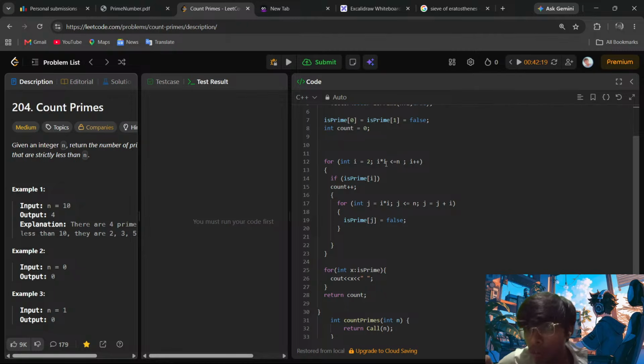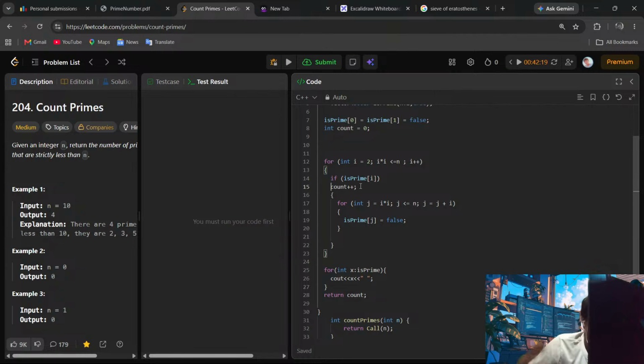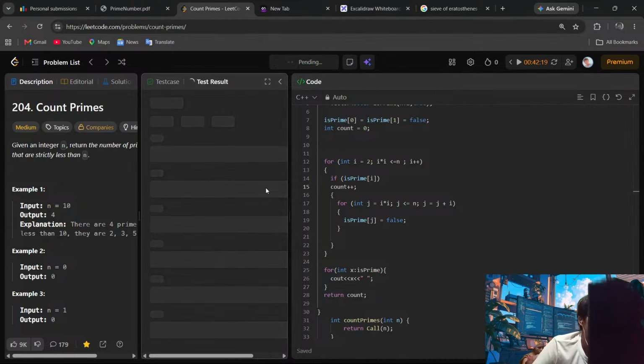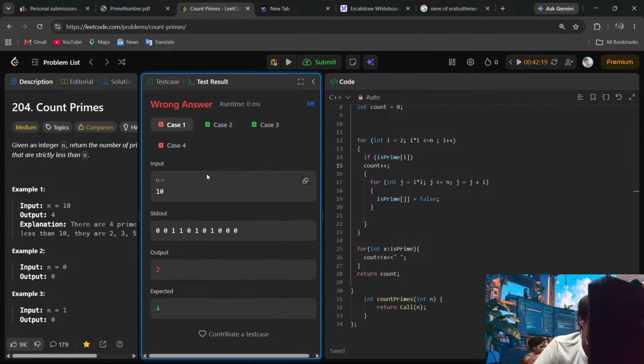Non-prime means subtracted from A. No, I already attempted this question. Actually, it will give me every prime number. Okay, this is fine. It will give me 4 primes, and the expected value is also 4.